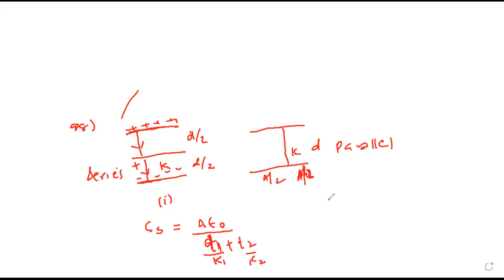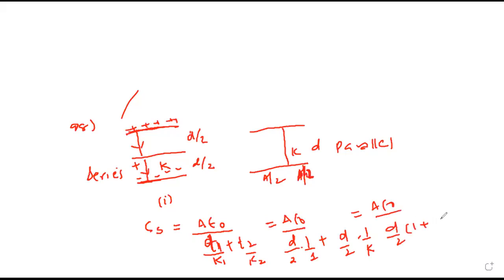Are you remembering this formula? Yes, sir. So this will further become A epsilon naught upon D by 2 into 1 plus D by 2 into 1 upon K, which equals A epsilon naught upon D by 2 into 1 plus 1 upon K.